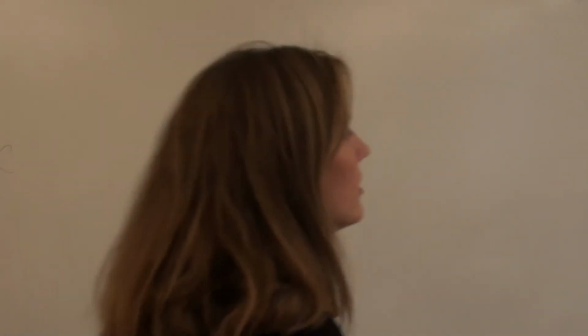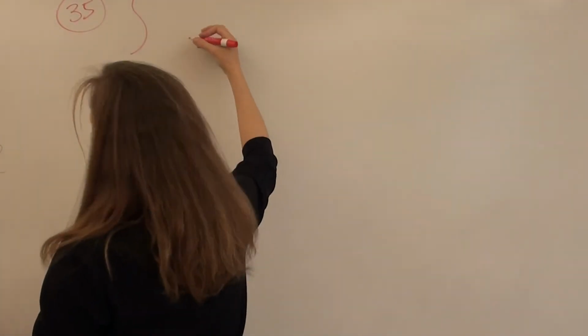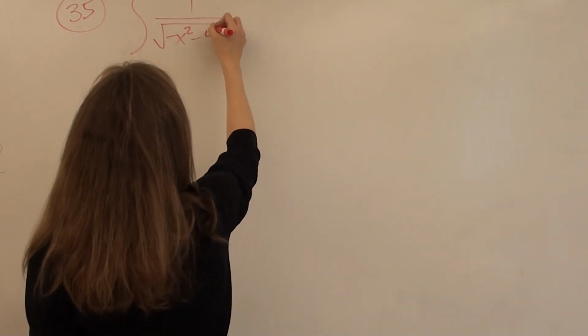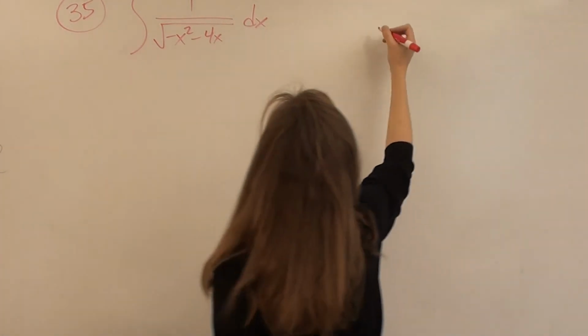There are 2 problems in your homework that I find interesting. Okay, so the 2 problems are 35 and 37. 35 is the integral of 1 over the square root of -x squared minus 4x.